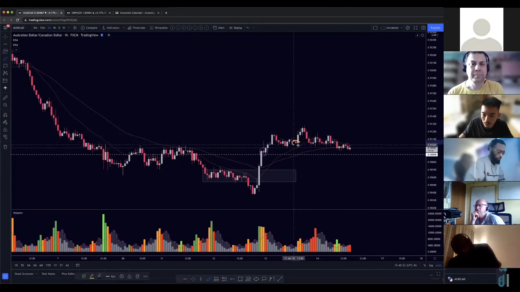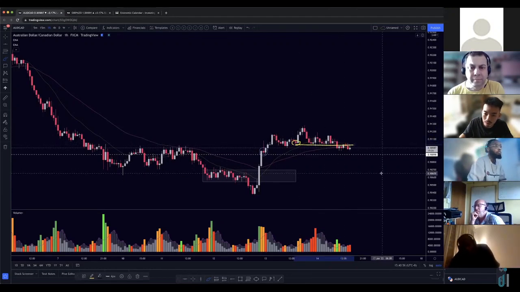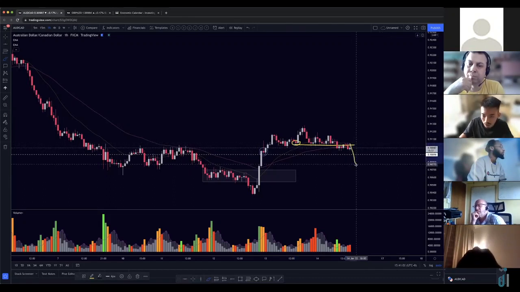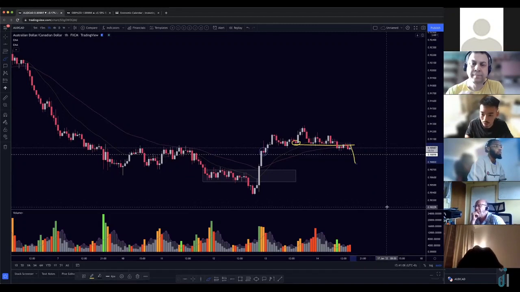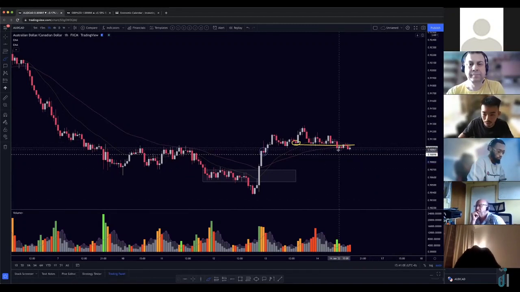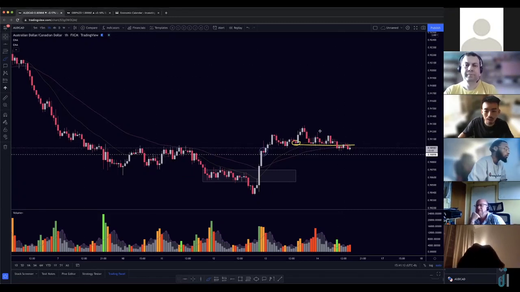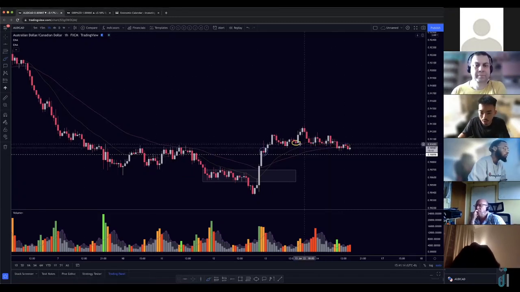You could say we are still within his territory. Chances are it's going to come down like that, but it's a little bit tight right now. On the 5-minute, we can barely see a pullback. The reason why I say chances are it's going to go down is because other Aussie pairs look like they're doing the same thing.